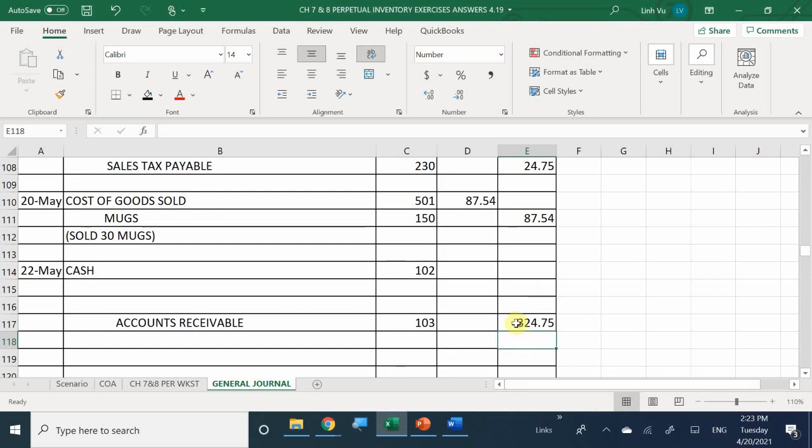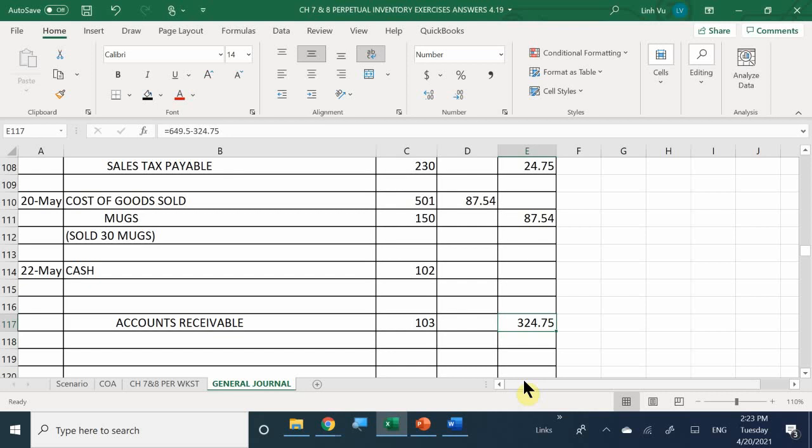It was $649.50. That's what we originally charged him. Then we ended up refunding him half the money back because he returned 30 mugs. So therefore we decreased how much he owed us because he didn't pay for it yet. So minus the $324.75 gives us the $324.75. That's how much he owes me right now.